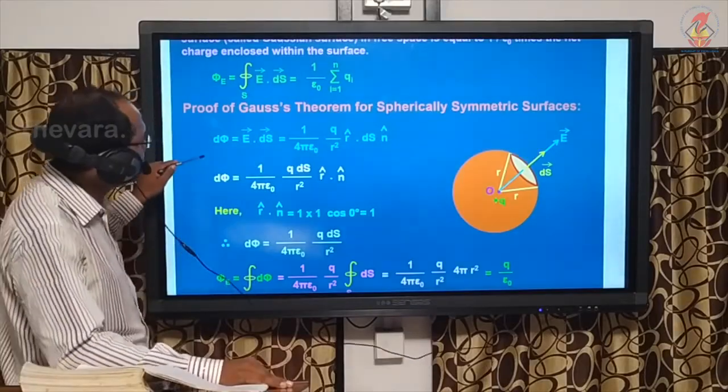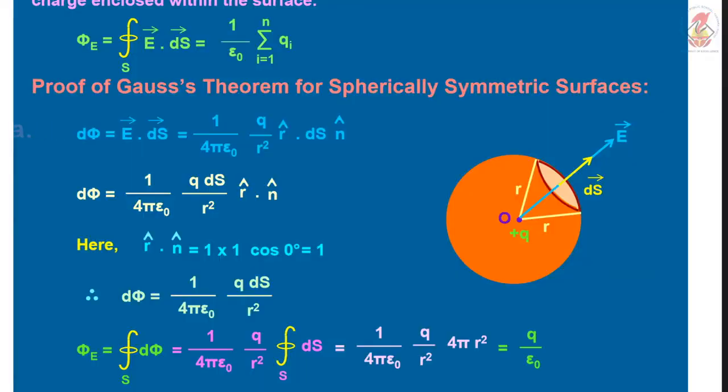So look at the derivation now. d phi is equal to vector E dot vector dS. The electric field equation is 1 by 4 pi epsilon 0 q by r square into r cap, dot dS into n cap. So I write d phi is equal to 1 by 4 pi epsilon 0 q into dS by r square, r cap dot n cap.